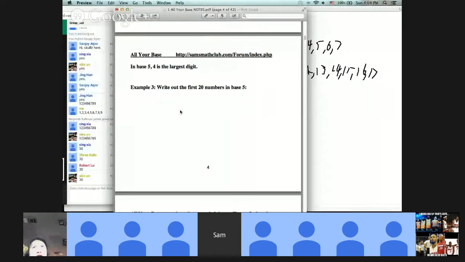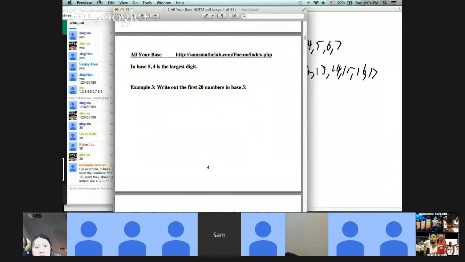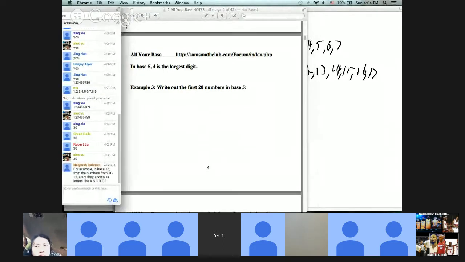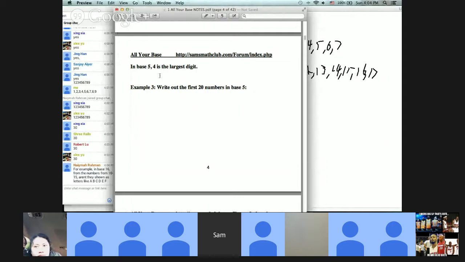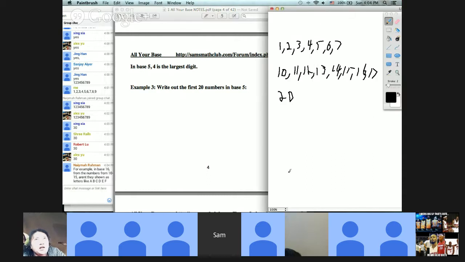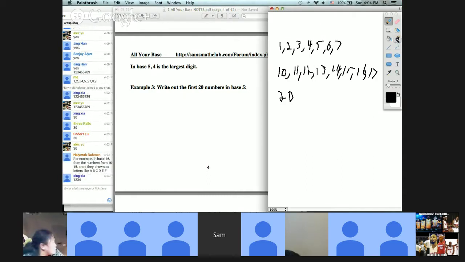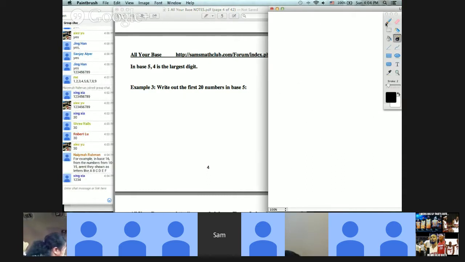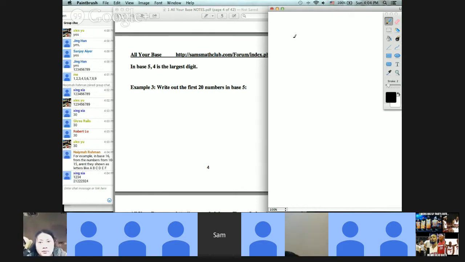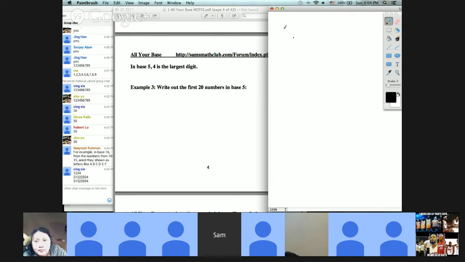Okay, so try this. In base 5, 4 is the largest digit. Let's write out the first 20 numbers in base 5. I'll start them over here.